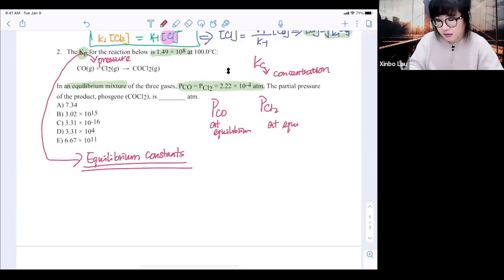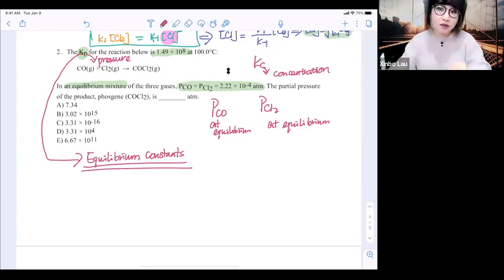That's something you have to be very clear about, because you also realize the questions we dealt with yesterday, I could give you initial partial pressures and some more information, and you have to set up an ice table to solve those types of questions. But if a question doesn't mention initial, then this question should be easy, because I'm already given the information at equilibrium. I can just use it.